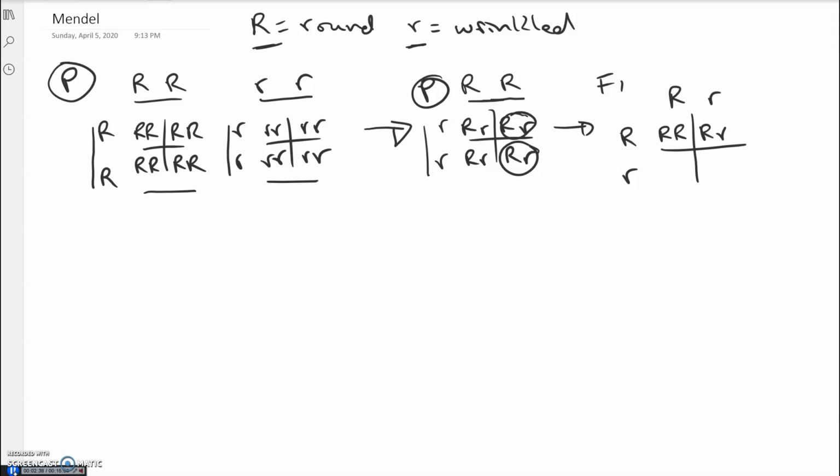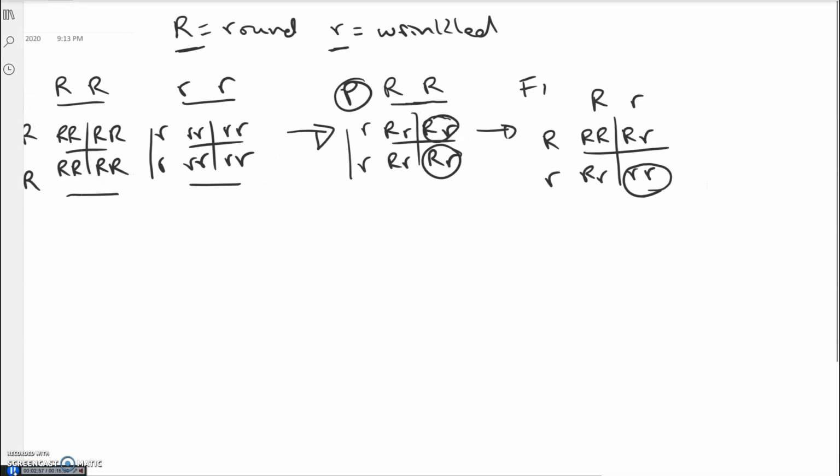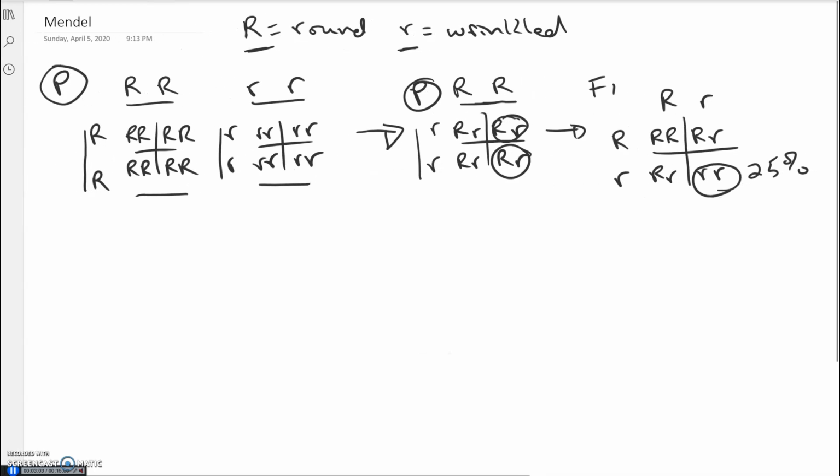So what he ended up with was this cross, which was very interesting because in the bottom right corner here, 2 plants that were round produced a wrinkled offspring 25% of the time, and produced round offspring 75% of the time. And when he grew these plants, he grew thousands of them. So he got pretty close to the actual percentages because he had so many samples to work with.